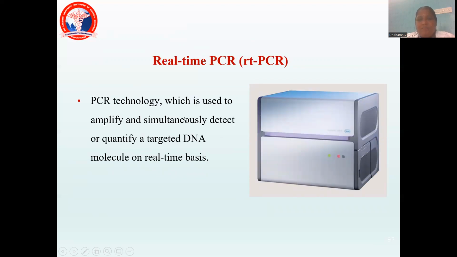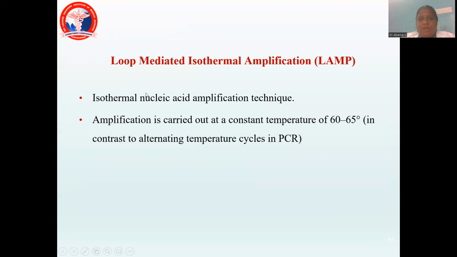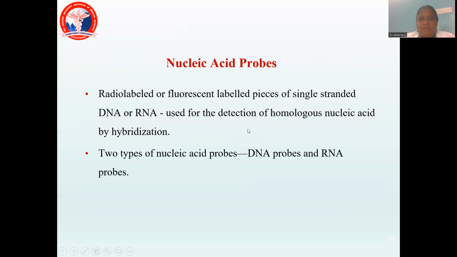Real-time PCR is used to amplify and simultaneously detect or quantify a target DNA molecule on a real-time basis, so we can skip the process of gel electrophoresis here. In loop-mediated isothermal amplification, the amplification is carried out at a constant temperature of 60 to 65 degrees throughout the PCR cycle.